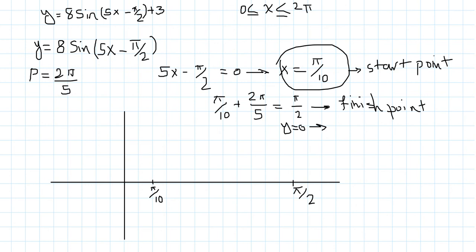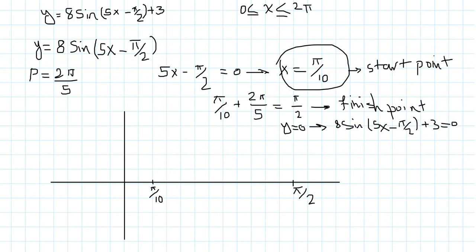Then we know that if we solve it for x, we should have 8 sine 5x minus pi over 2 plus 3 equals 0. Because I don't have too much space here, let's solve it and simplify in my mind.